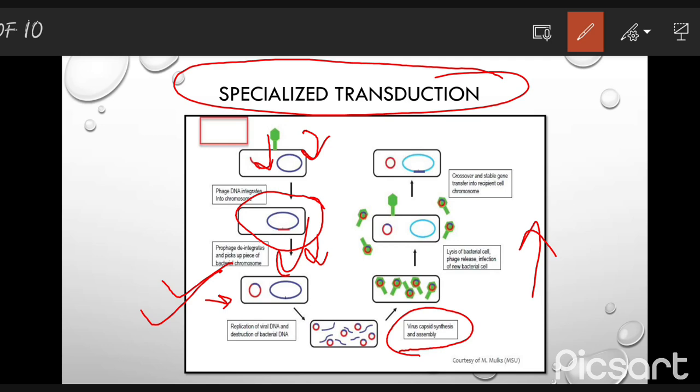That means this prophage is transferred to the recipient cell, carrying the bacterial chromosomal DNA along with the phage DNA. In this way specialized transduction takes place. So this is the gene transfer method of transduction. Thanks for watching.